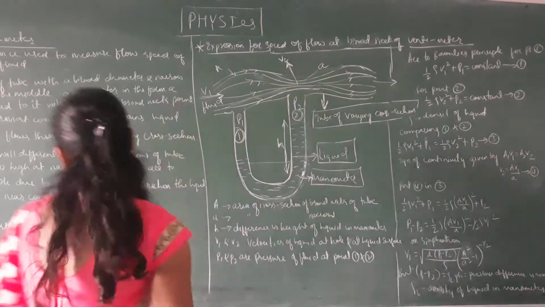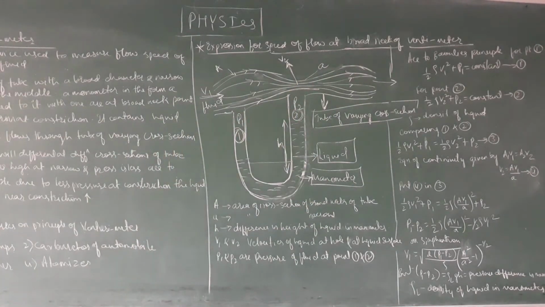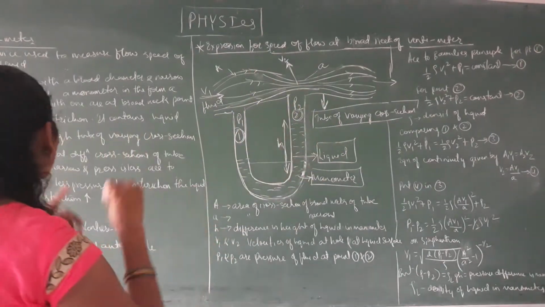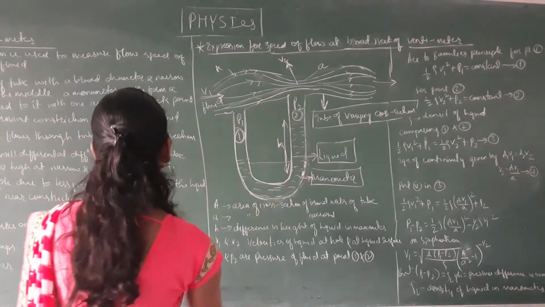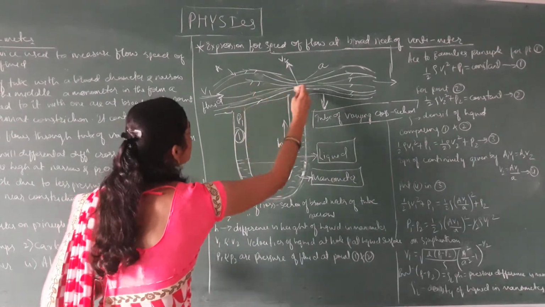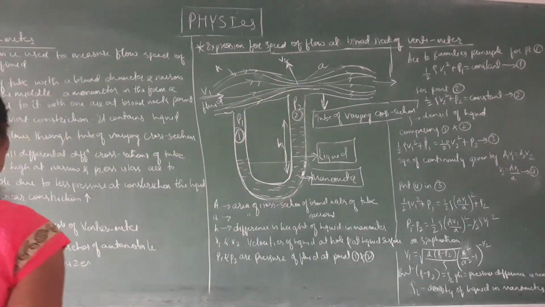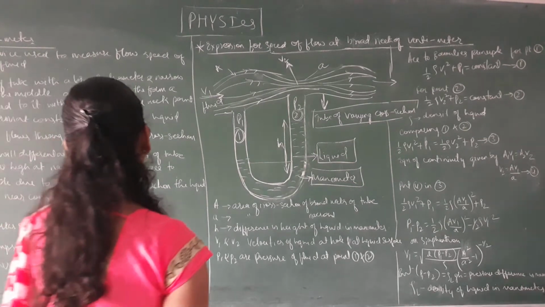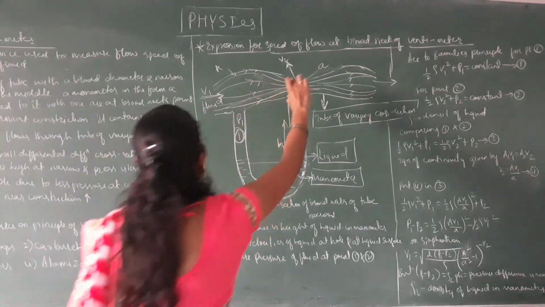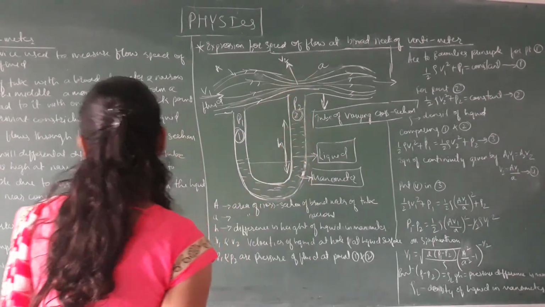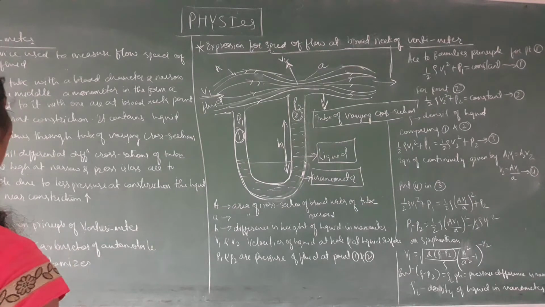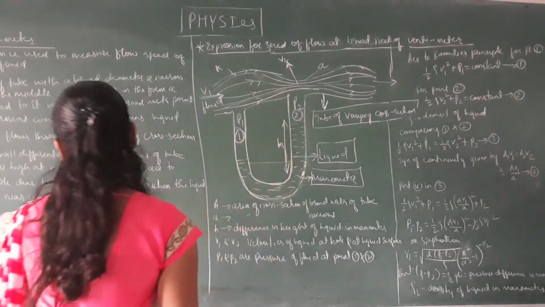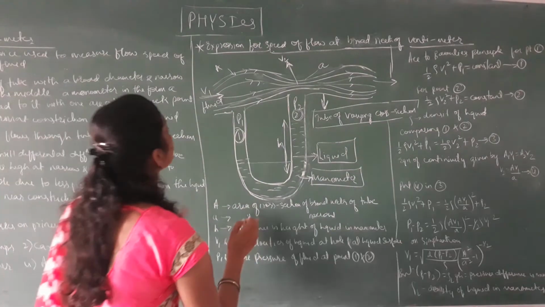When a fluid flows through a tube of varying cross section, the velocity of the fluid will be different at different cross sections. The velocity of the fluid is high at the narrow portion, so the pressure is less there according to Bernoulli's principle. Due to the less pressure at the constriction, the liquid level in the U-tube near the constriction increases.